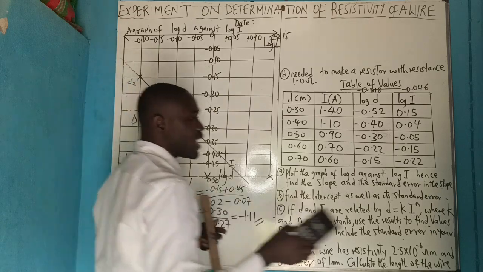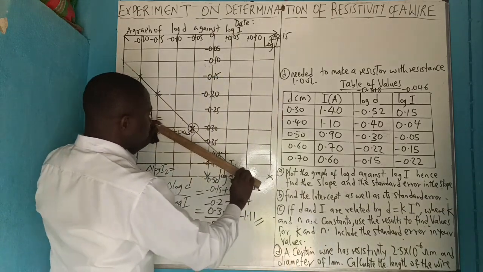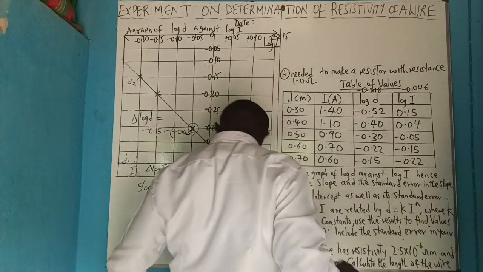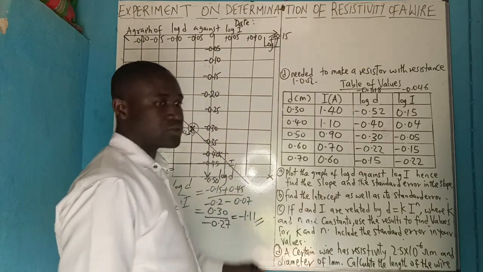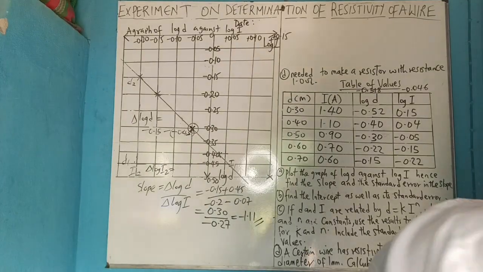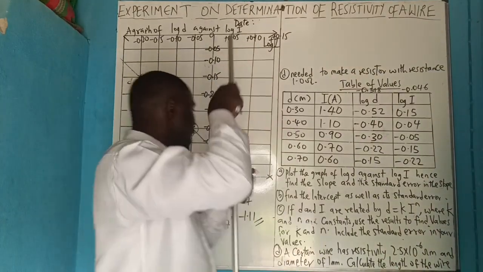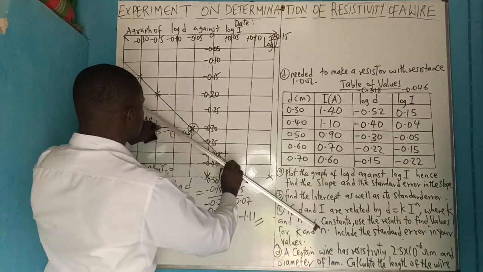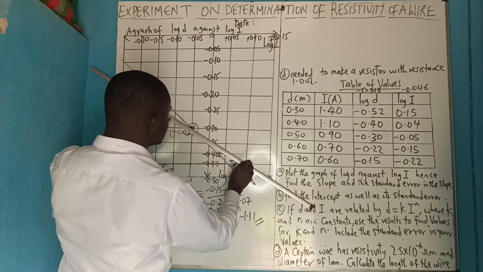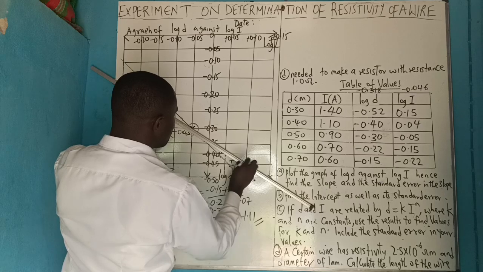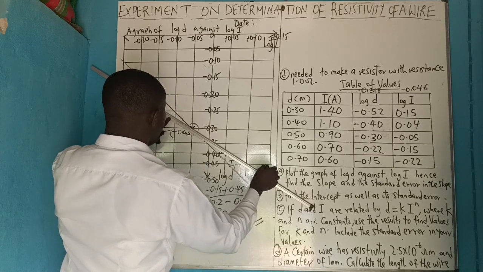Now, after putting the line of best fit, I have to take this point that falls out and locate it on the line so that it will pass through it. That will be my worst line of best fit.